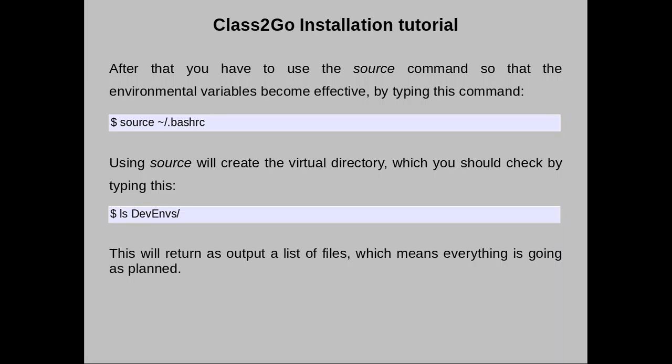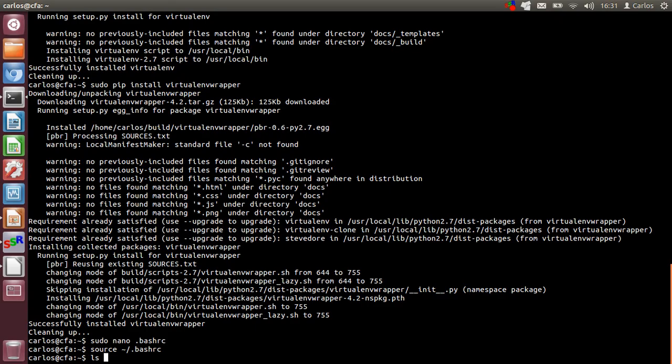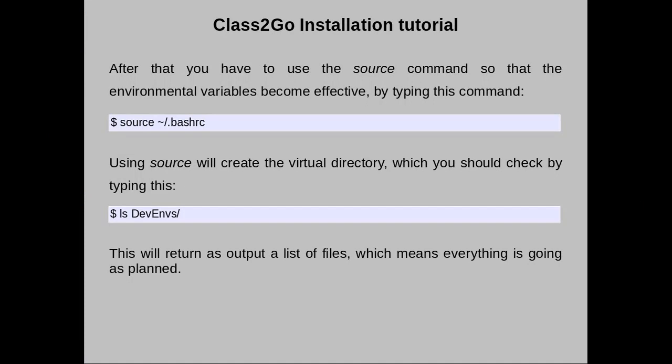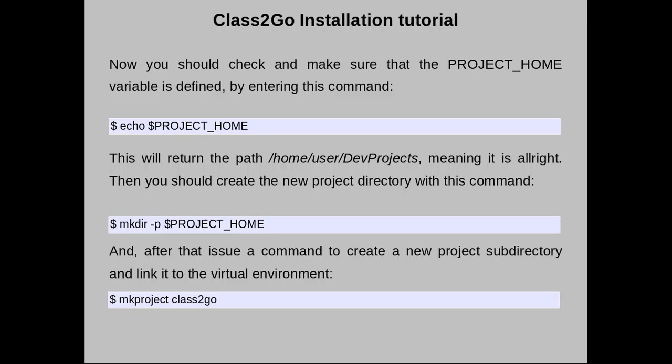Using source will create the virtual directory, which you should check by typing this. Now, the output of this command is a list of files, which means everything is alright.